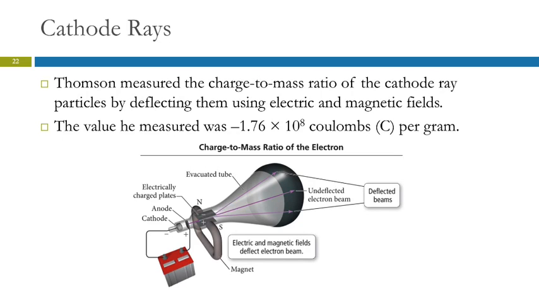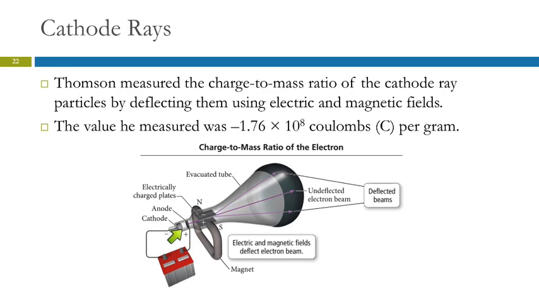So he was able to measure the charge to mass ratio of the particles in this cathode ray by deflecting them. So this is an illustration of what he did. So here, this tube, cathode ray tube, is a little bit different. Here's the cathode and the voltage, and so he's making this cathode ray, and he's got the anode here, but there's a hole in it.